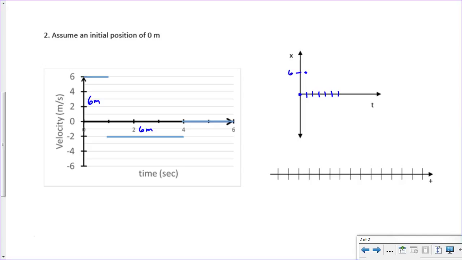All right, and then over the next 3 seconds, it falls back down to 0. So it's going to get back to 0 here because it goes down 6. All right, and then it's going to be at rest for the next 2 seconds.